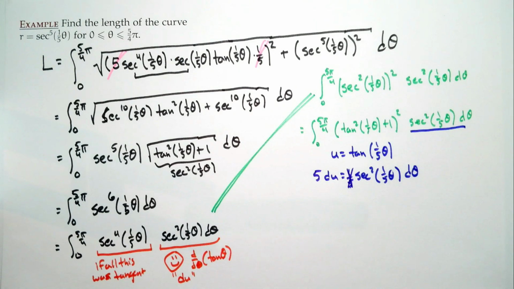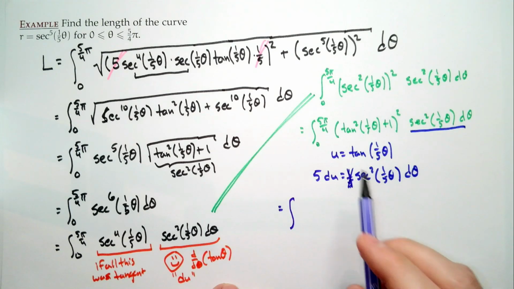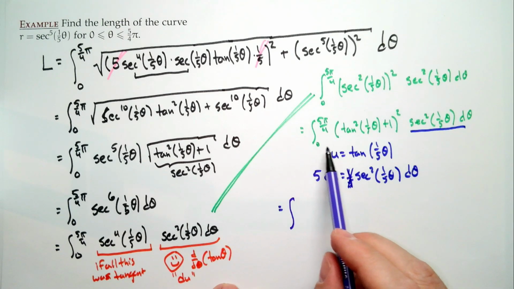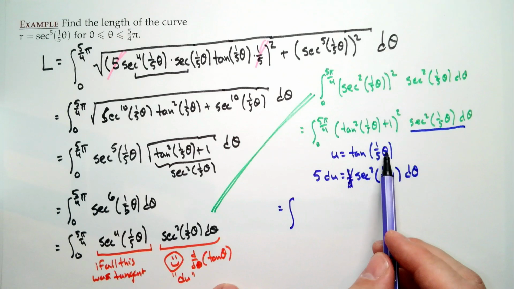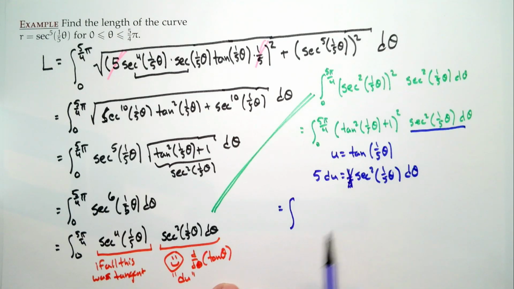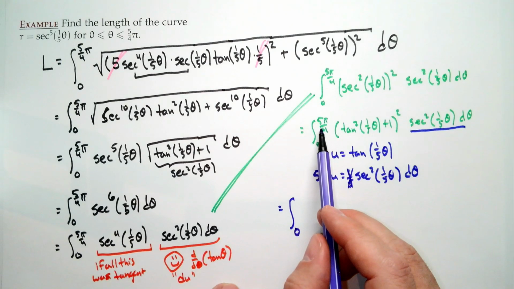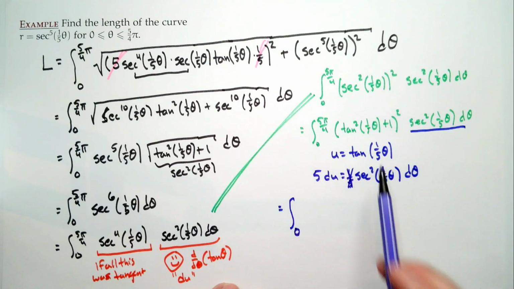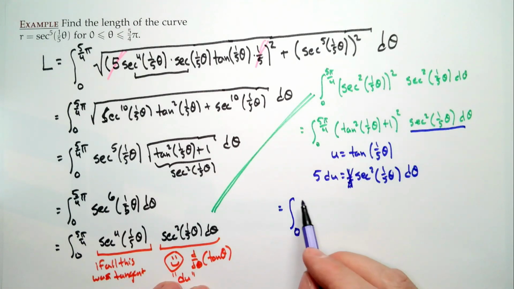So, making our substitution, we get the integral. Let's do the bounds. Theta equals 0: tangent of 1/5 times 0 is 0. Theta equals 5 pi fourths: 1/5 times 5 pi fourths is pi over 4. Tangent of pi over 4 is 1.